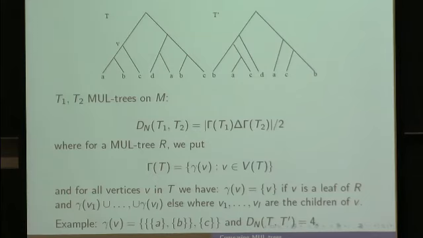So that's another one. And for these two trees, my nested label distance is 4. Remember, for the Robinson-Foulds distance, for these two trees, the distance was 3. So we already see that there is some difference.